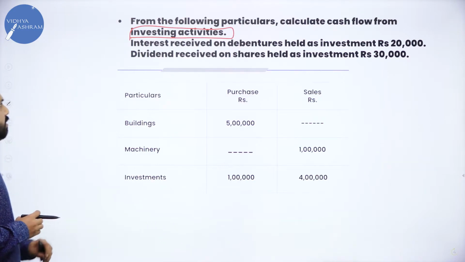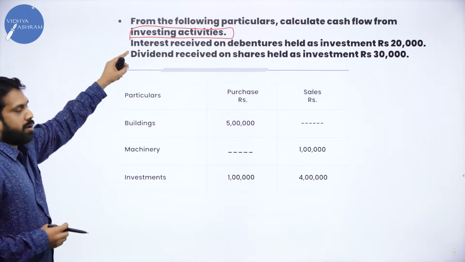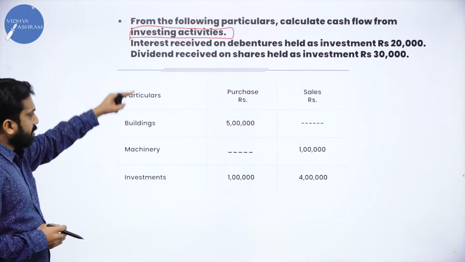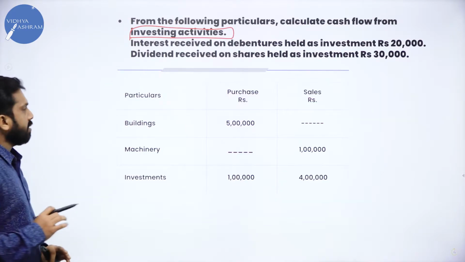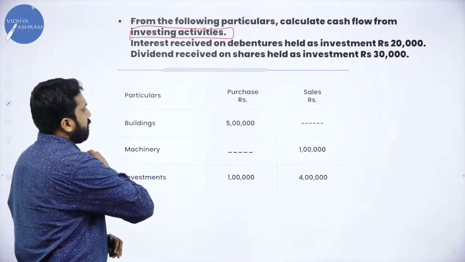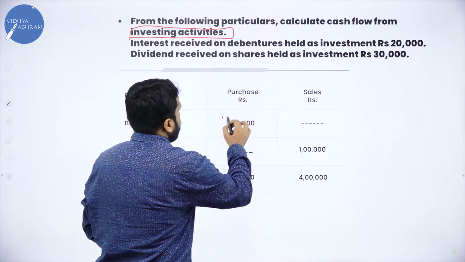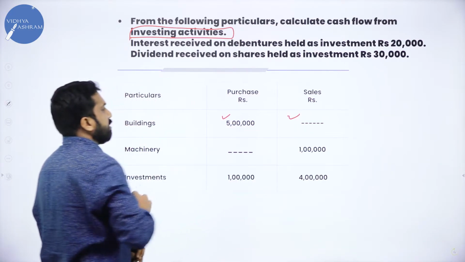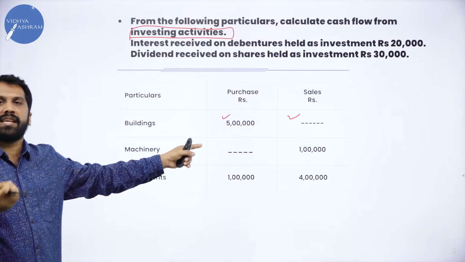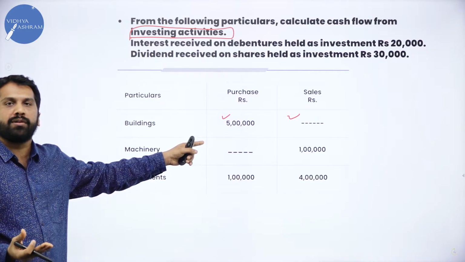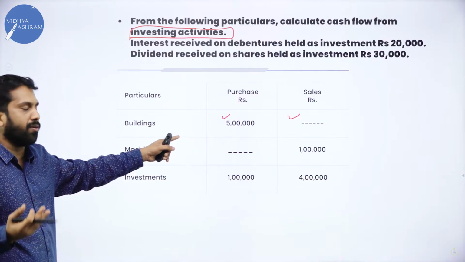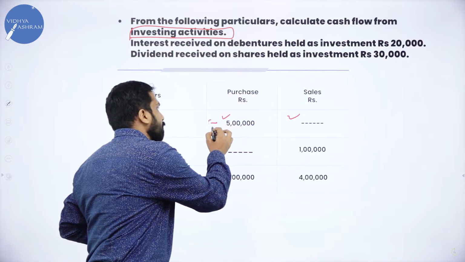Clear? Yes. This paragraph will come later. First we'll go with this box. Now, you have building, purchase 5 lakh, sales nothing. Purchase means inflow or outflow? Yes, it is outflow. Why? Because you are paying.